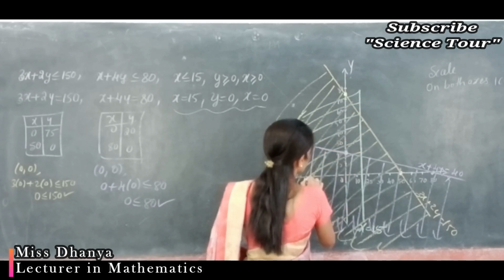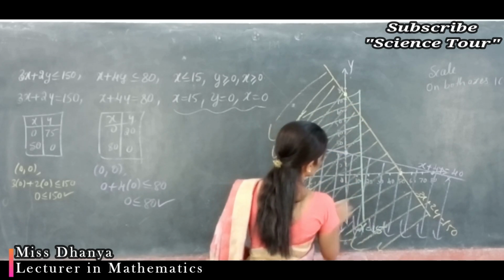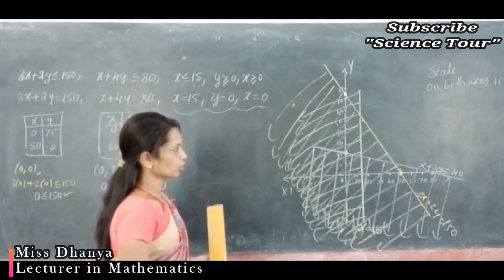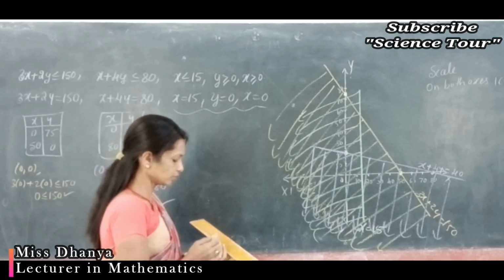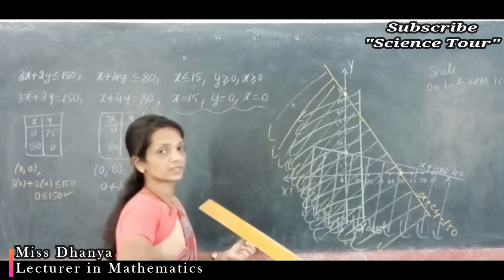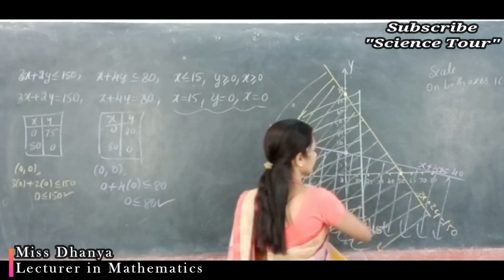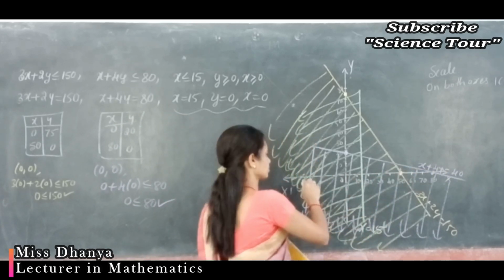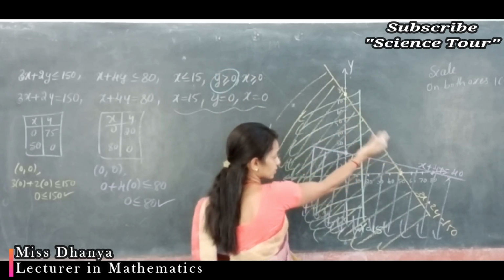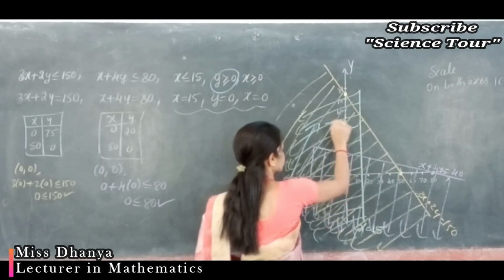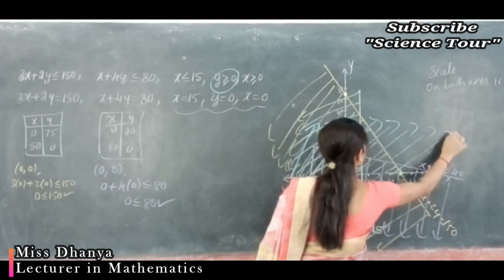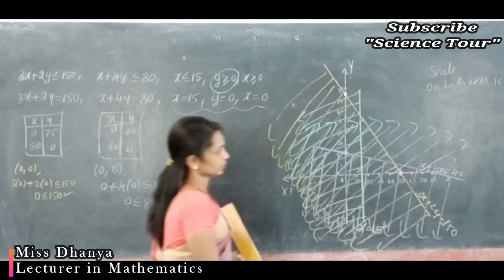So shade the left half plane of the x equal to 15 line, and y greater than or equal to 0. Which line is that? That is the horizontal line, the x-axis. Y greater than or equal to 0 means you shade above the x-axis.